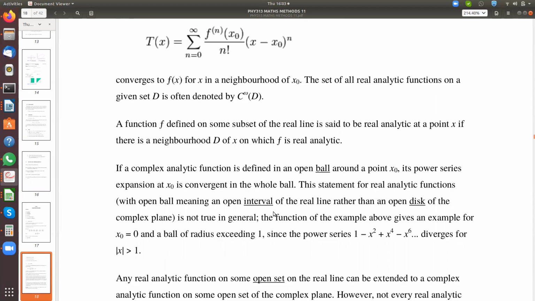A function f defined on some subset of the real line is said to be real analytic at a point x if there is a neighborhood D of x on which f of x is real analytic. The basic idea is that if you take the derivative of the function and substitute the value of x in the function, you must get the value. Once you have the value, then the function is said to be analytic.